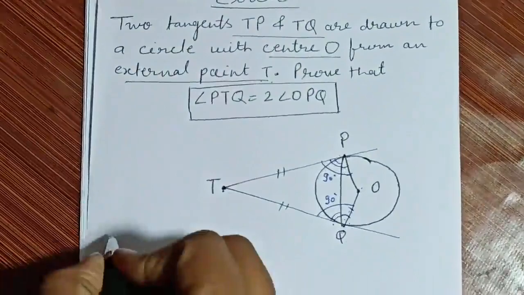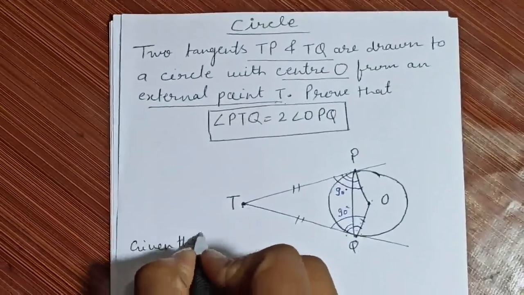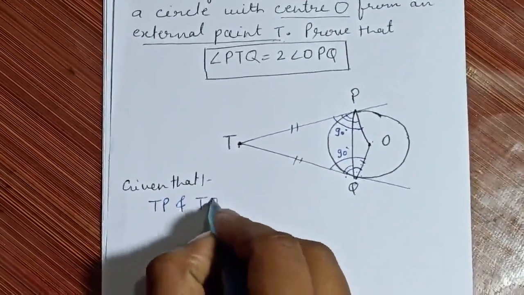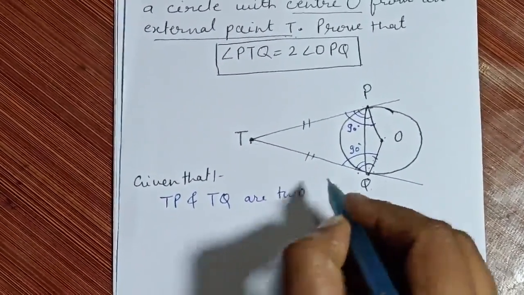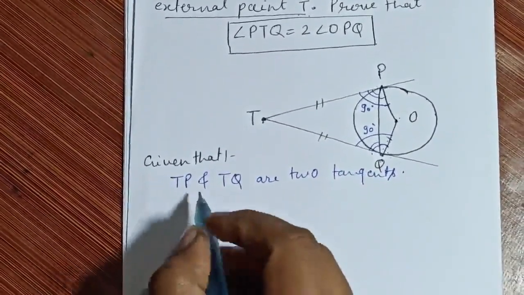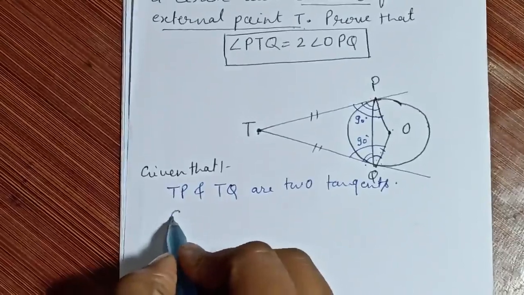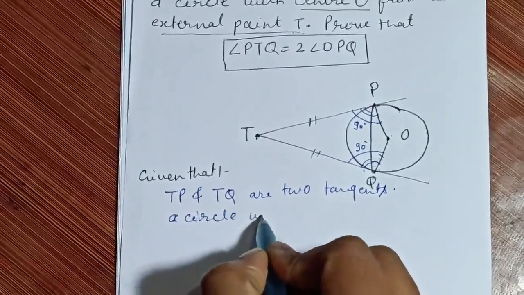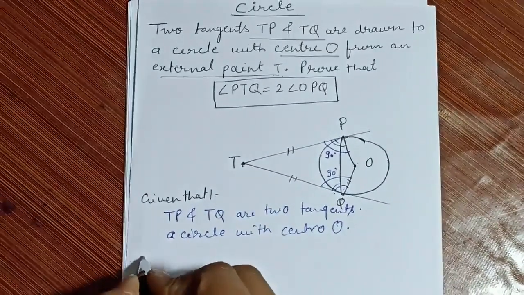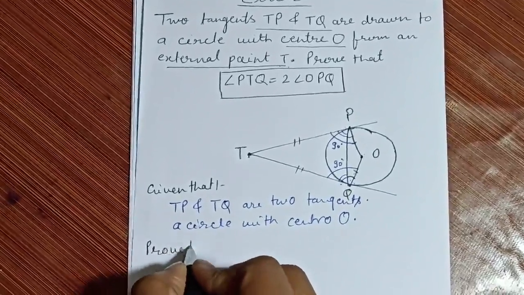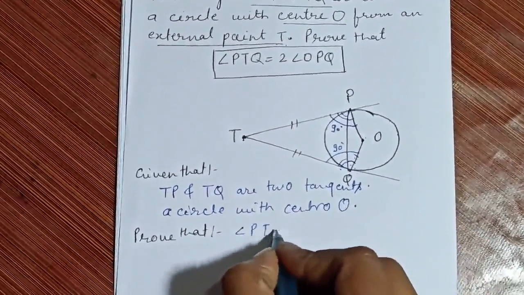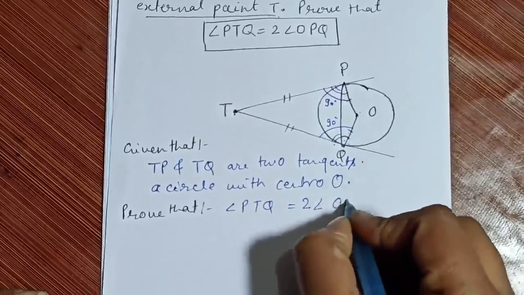Now, given that TP and TQ are two tangents to a circle with center O. Prove that angle PTQ is equal to 2 times angle OPQ.